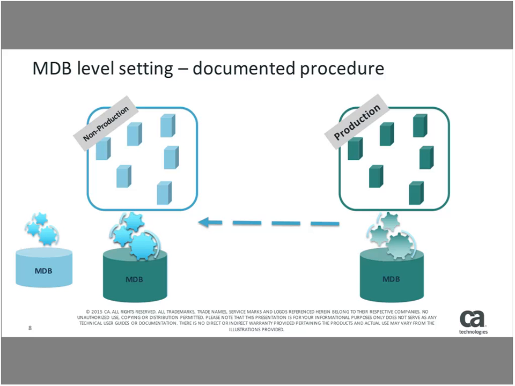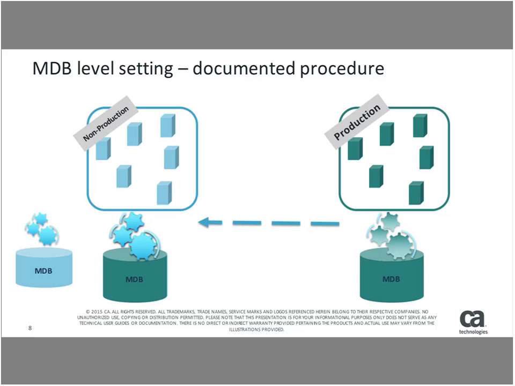So this release also offers a documented procedure to copy the MDB, but before you copy the MDB, extract all the relevant configuration and integration data from your previous MDB, like you see in this graphic. The blue MDB, with the gears on top of it, was the previous MDB in the non-production environment. Once you have copied the green MDB, which is coming from the production environment, the procedure provides you with steps through which the green gears, which are essentially a representation of the configuration and integration information, can be replaced by the blue gears that were earlier available in the non-production environment.